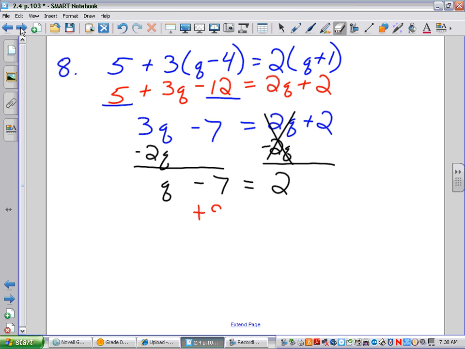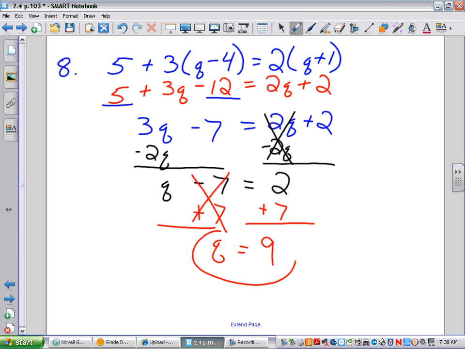I'm getting ahead of myself here. I want to add 7 to each side. This should be the easier part. So this is what x is out. Bring down my q, and 2 and 7 is 9. That's where I was getting the 9 earlier. My answer there is 9.